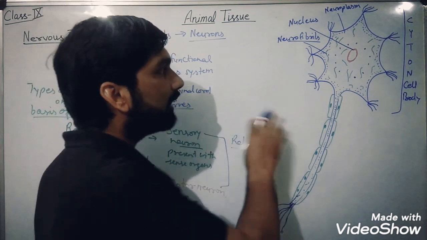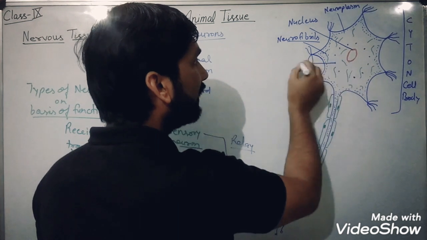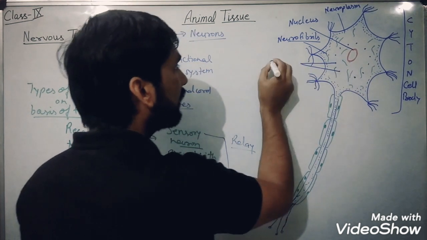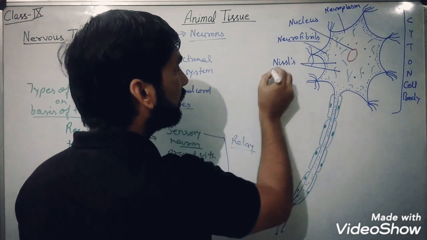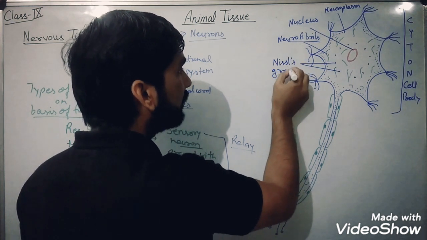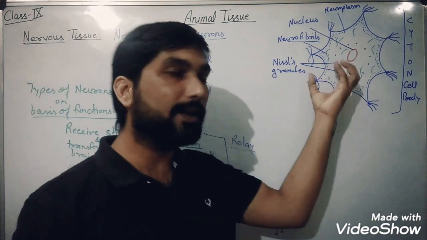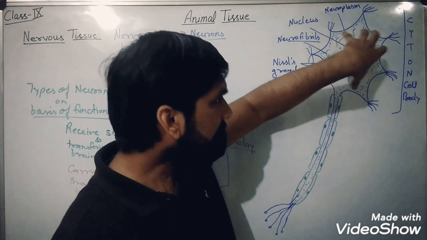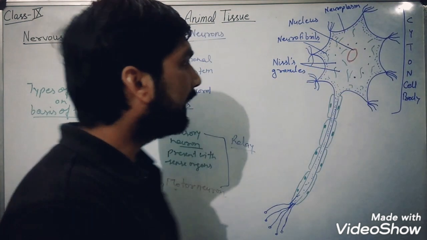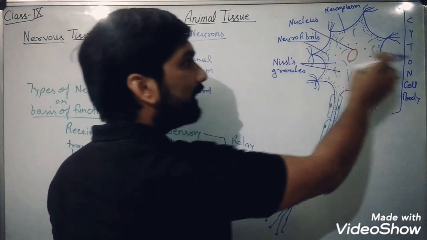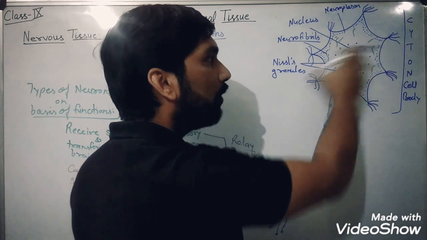So neurofibrils are there, and you can see some dot structures here. These are known as Nissl's granules. These Nissl's granules synthesize protein in the cyton, the main body of the nerve cell. You are also observing some small hair-like structures arising from the cyton or cell body.